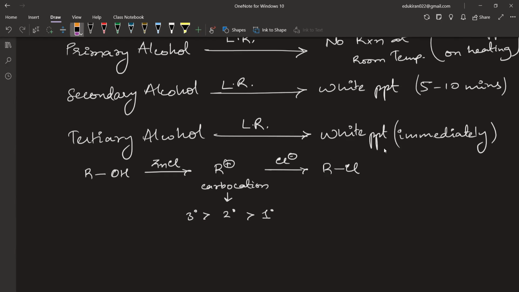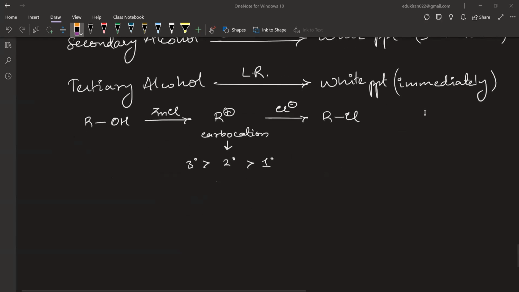Now, when you have carbocation, then comes the case of 2 different carbocations also. So write a note. Very important note.